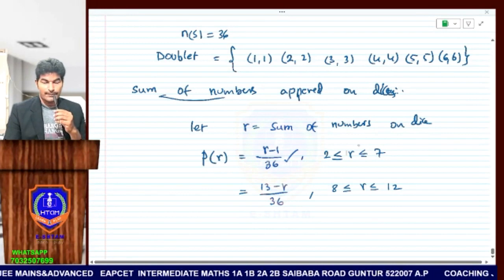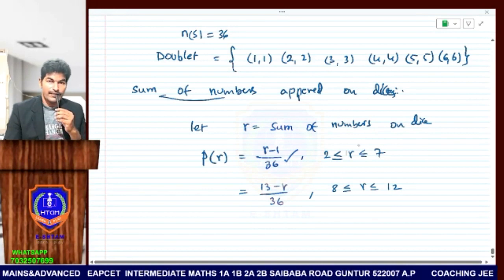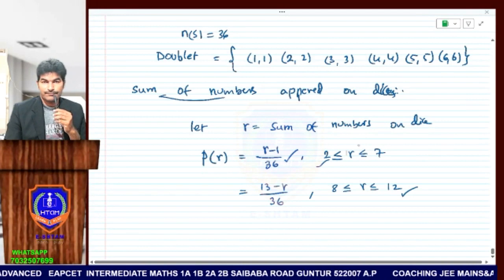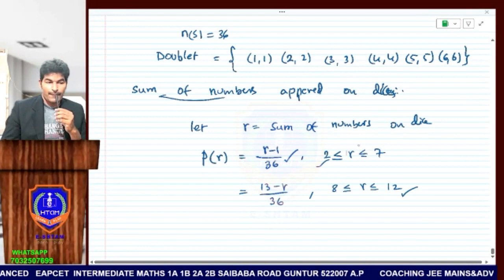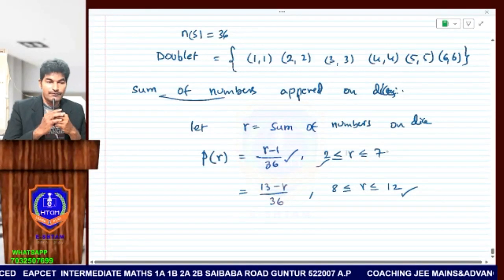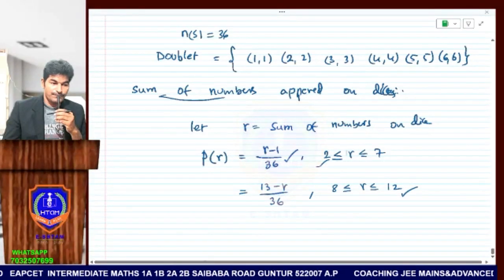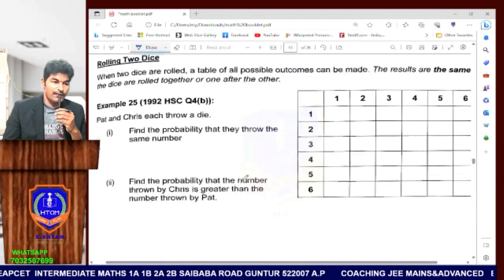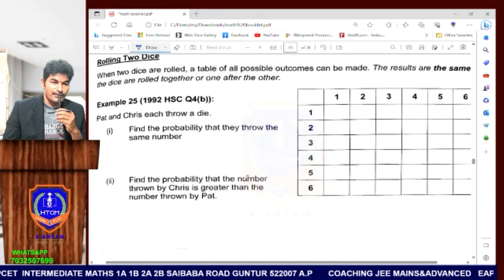If you get 6 on the top face of a die, 6 plus 6 is 12, the highest sum. 2 is the lowest sum. Understood? So remember these formulas to do the problems. These are the concepts he will ask on dice if 2 dice are rolled.